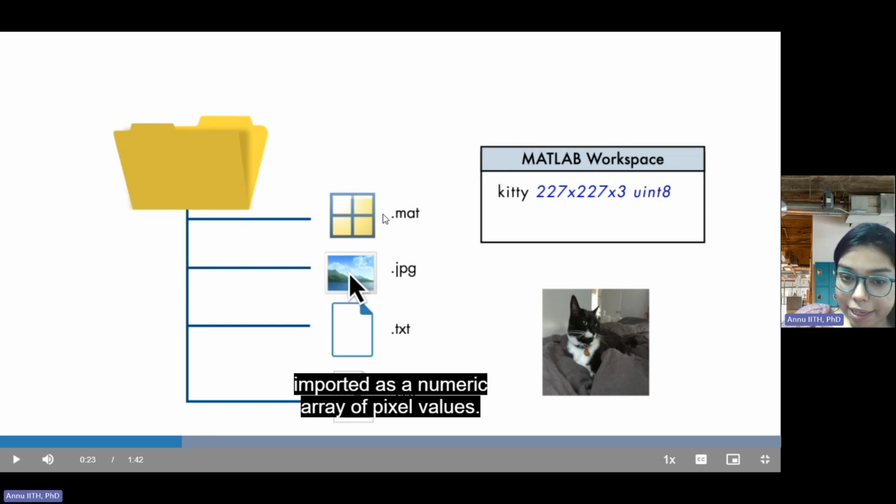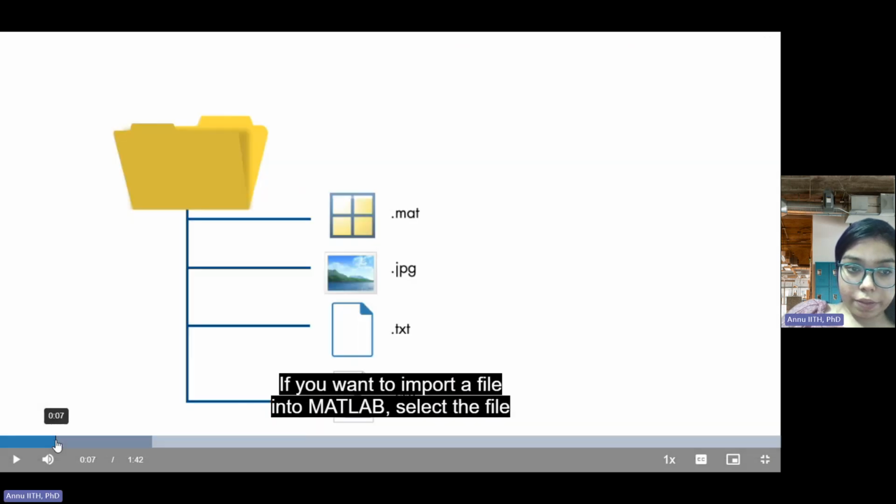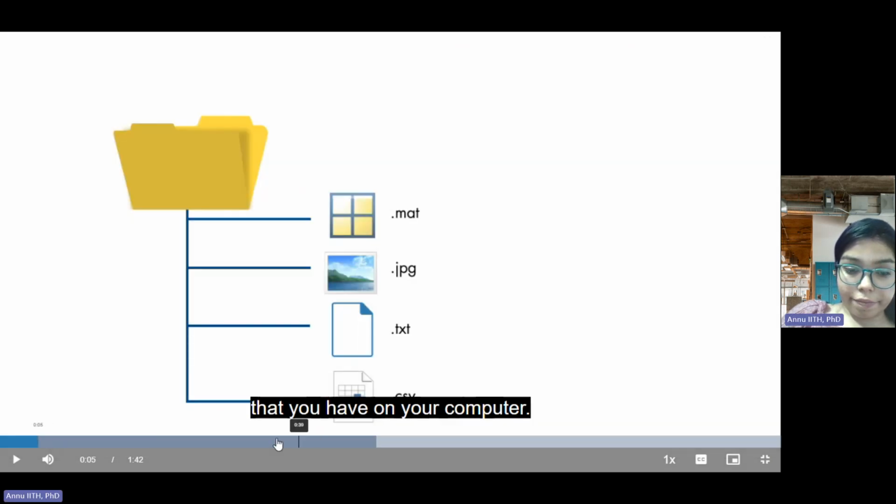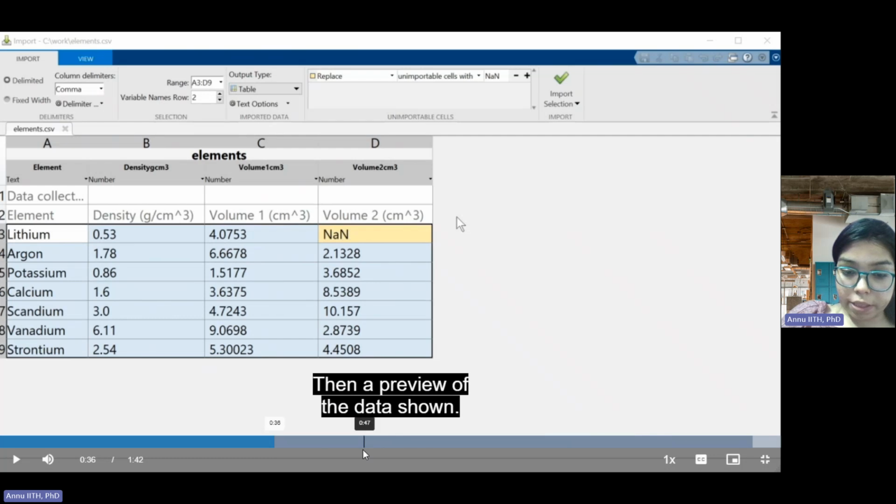It will work differently for a MATLAB .mat file, for a .jpg file, and for a .text file. So that's what it is showing. So we can import from our browser.